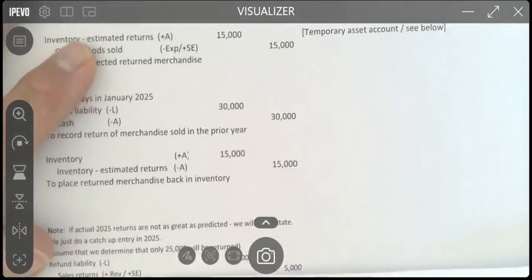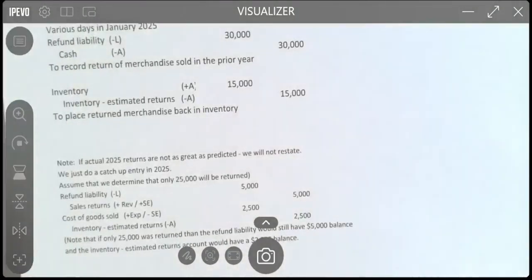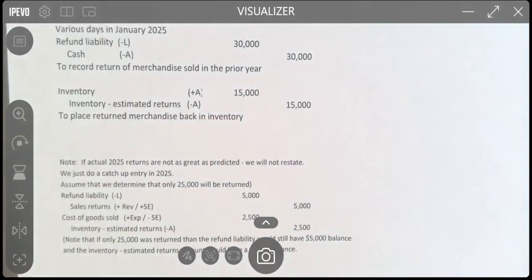Okay, little note here, just for your consideration. And I bet you were wondering, I like your curiosity if you were indeed wondering, if actual 2025 returns are not as great as predicted, hopefully that's the case, we will not restate. We just do a catch-up entry in 2025. So for example, assume that we determine that only 25,000 more, so a total of 95,000 of the 2024 sales, were actually returned.